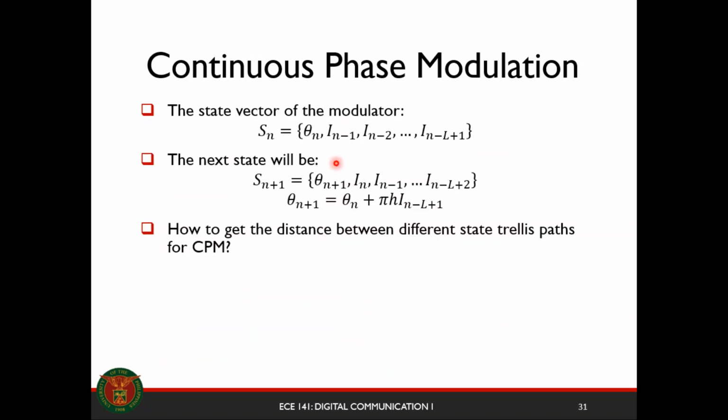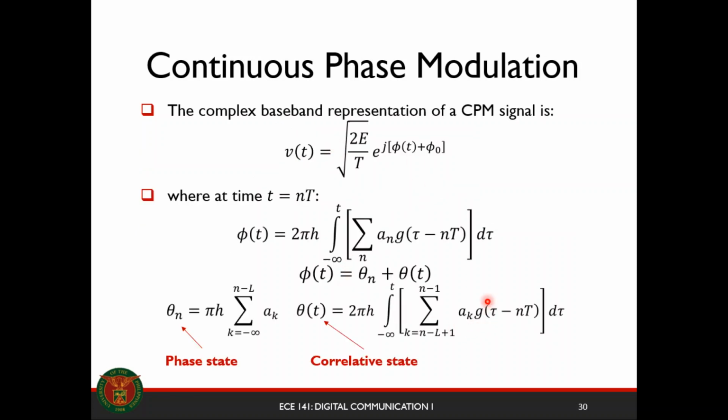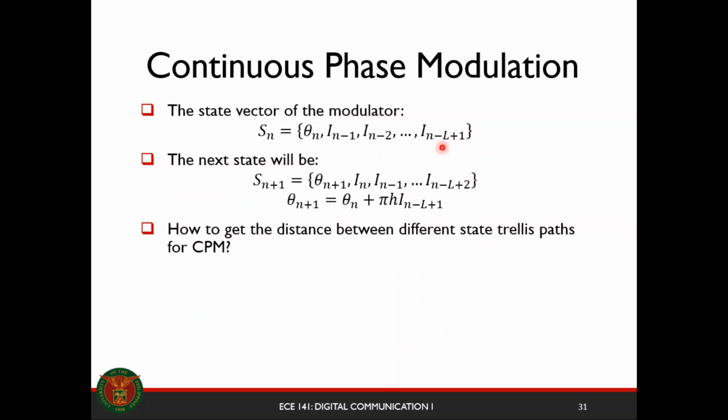The state vector is now defined by the phase state and all the different inputs. Okay, so that's I sub n minus 1 up to I sub n minus L plus 1. So these are L symbols. The next state, you just advance this, you just add 1 to all the indices.